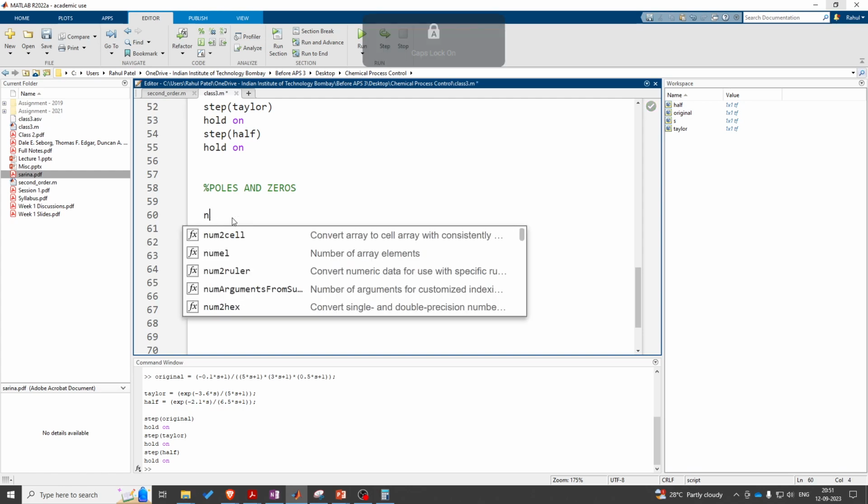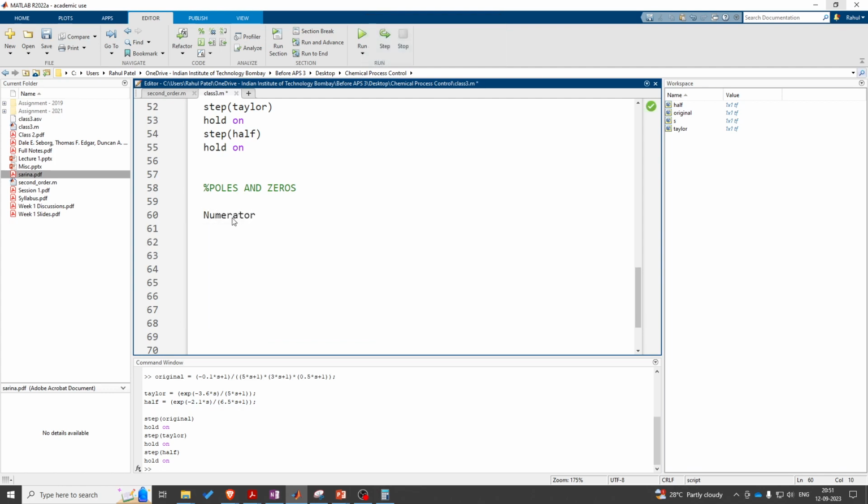So the numerator, let's just call it numerator, is this term.